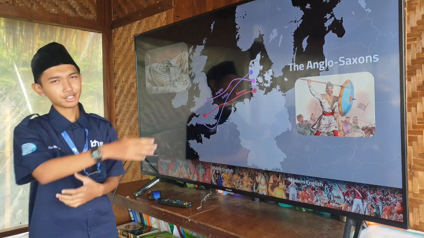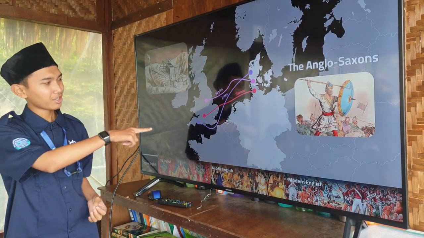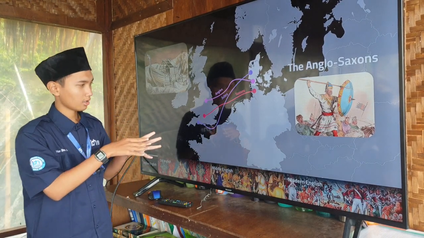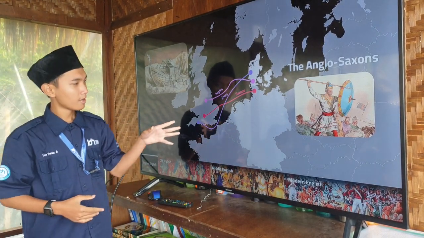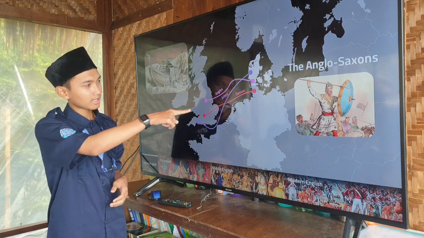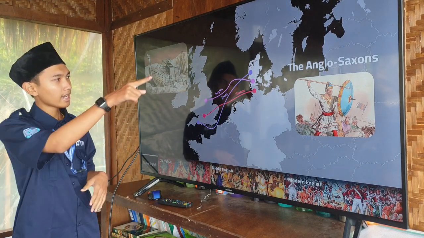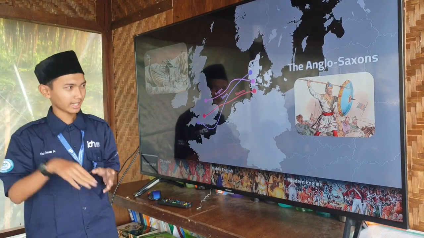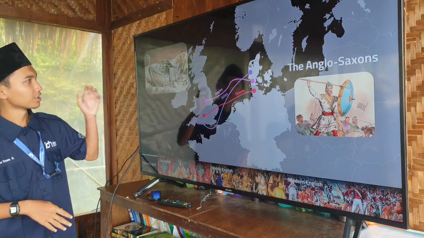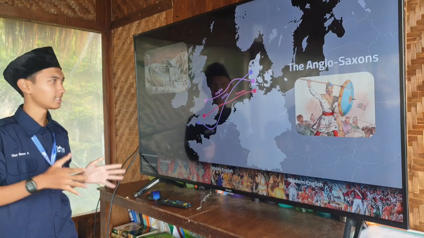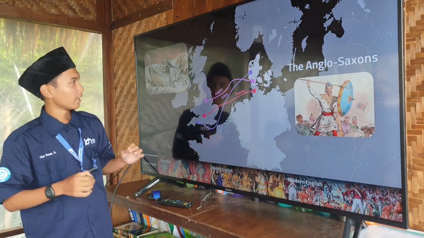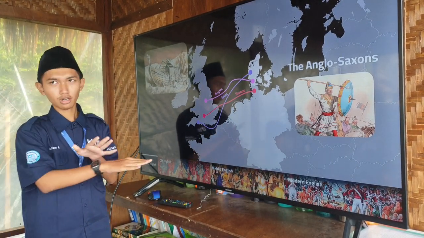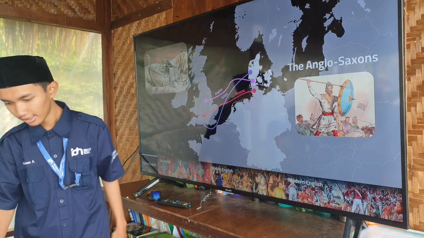The Jutes from the north migrated to the southwest of Britain, somewhere in Wessex. The Saxons went to somewhere around London, and the Angles to the middle of Britain. They sailed through the seas using these long boats that you might see somewhere. It's kind of cool. They migrated in large numbers, the Anglo-Saxons.